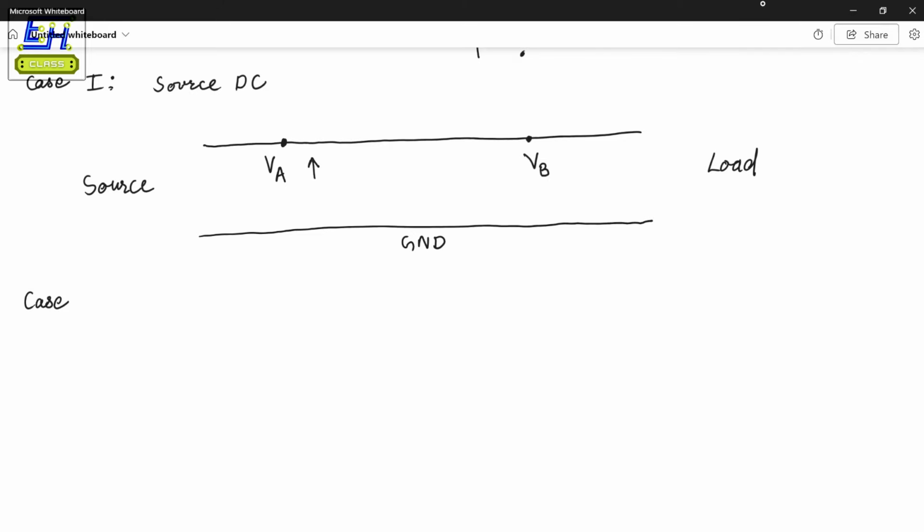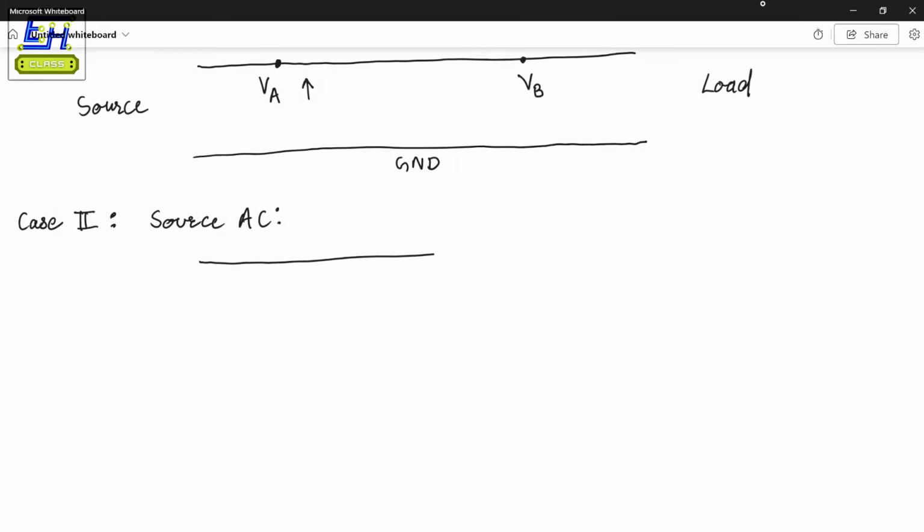And now our source is AC. What will you do? If you simply say that you measure voltage at point A and at point B, you should see the same trend and you would be partially true.